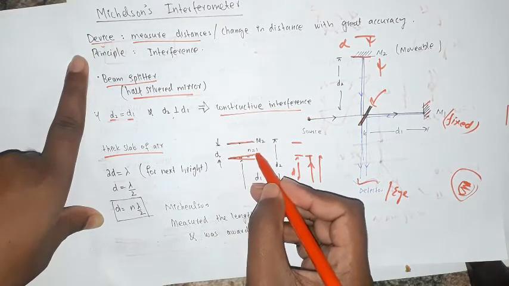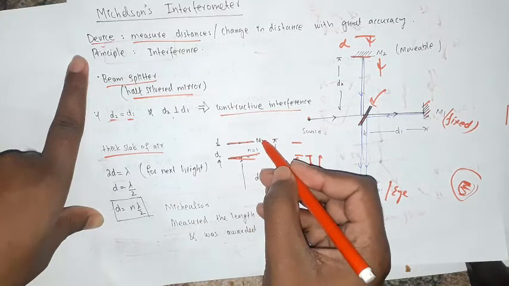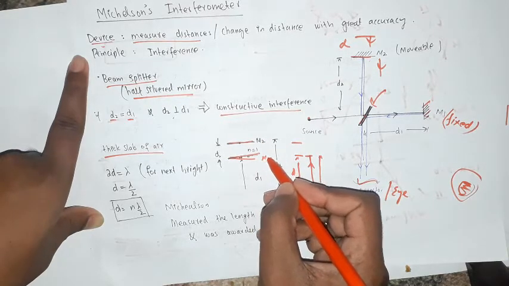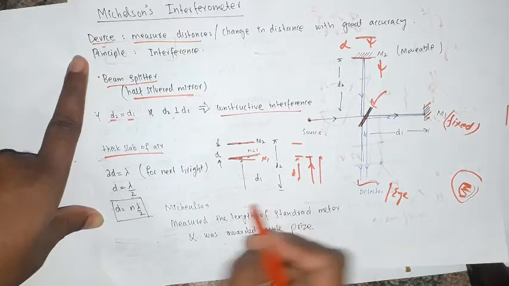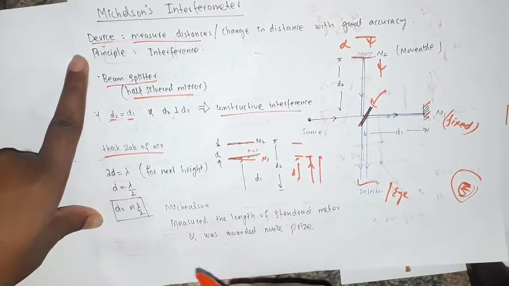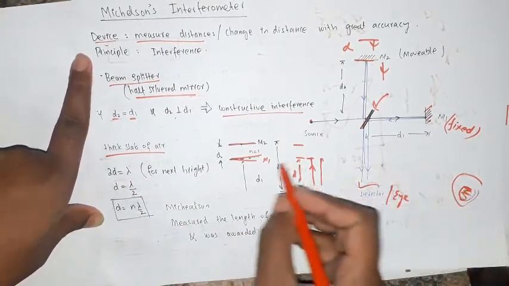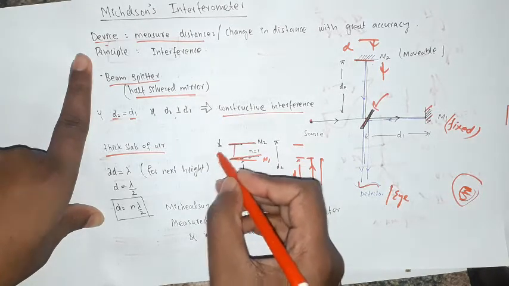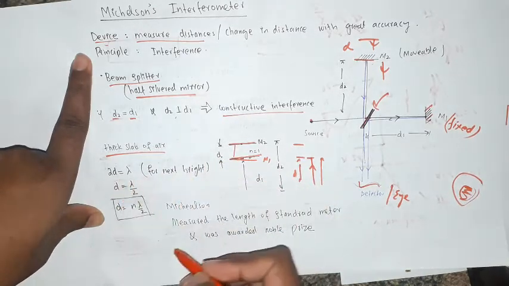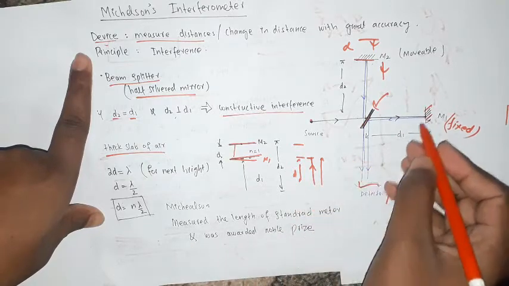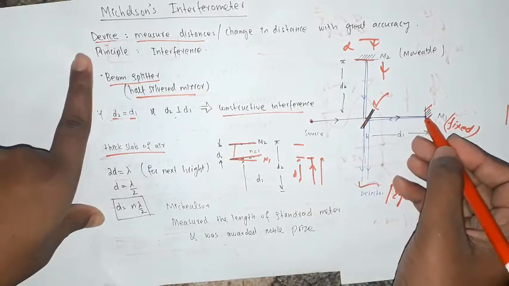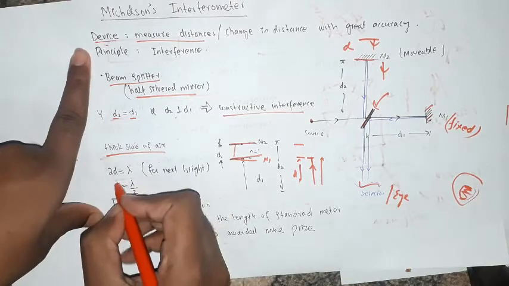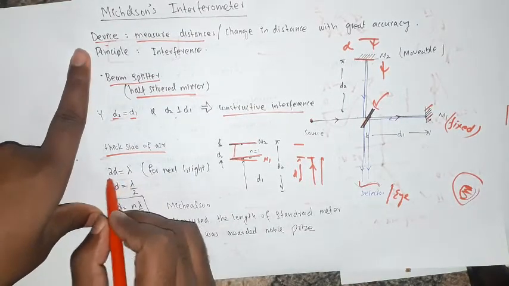Here n is equal to 1, meaning it is air. So how much is the path difference? This is d, so light comes here and then comes back, so this is 2d. So the path difference between these two waves is 2d.